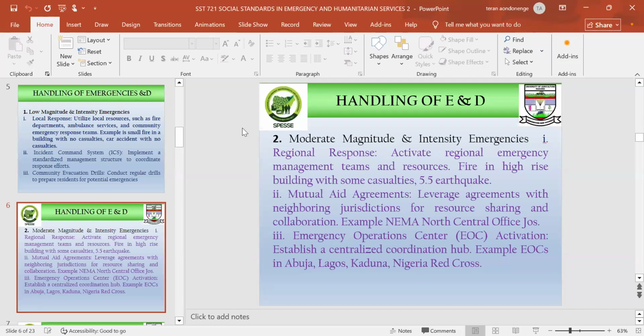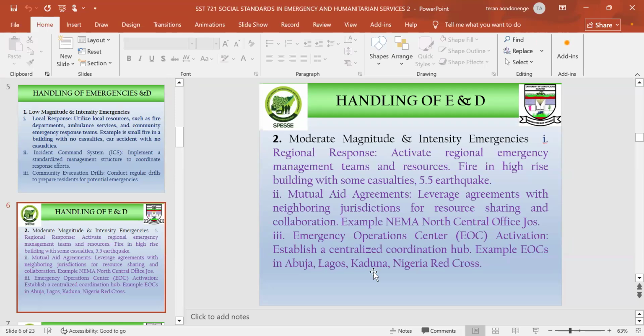Number two, mutual aid agreements. Agreements with neighboring jurisdictions for resource sharing and collaboration. Good. Example, NEMA, North Central Office, JOS.